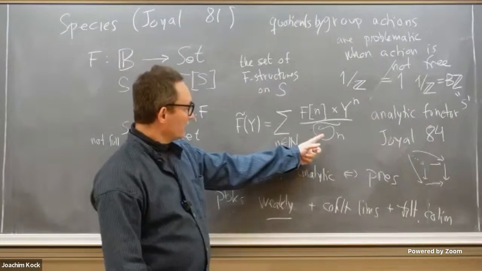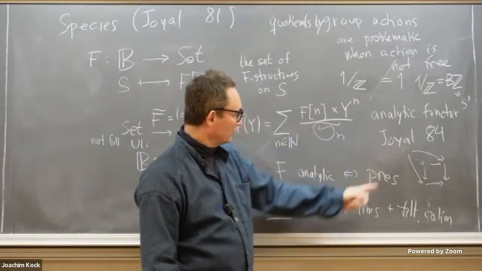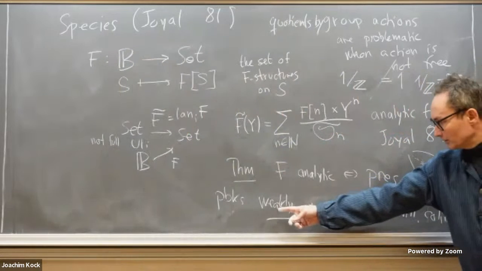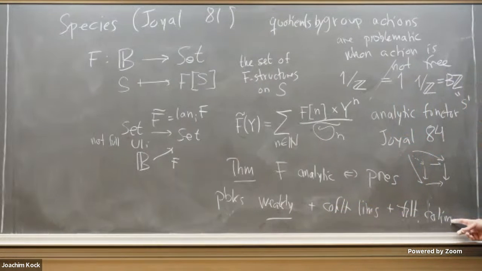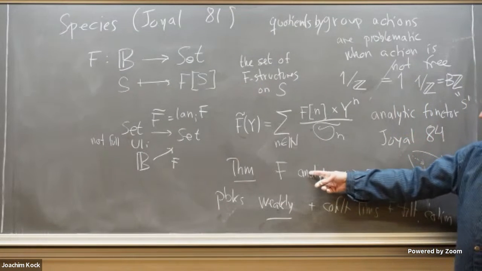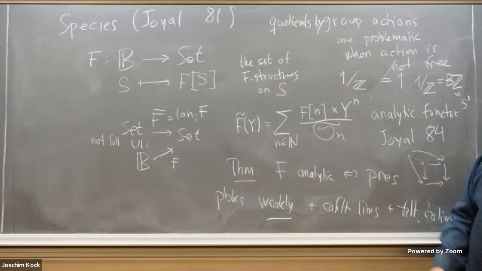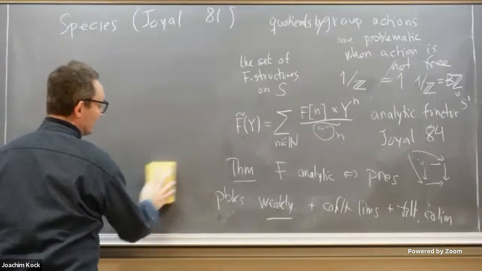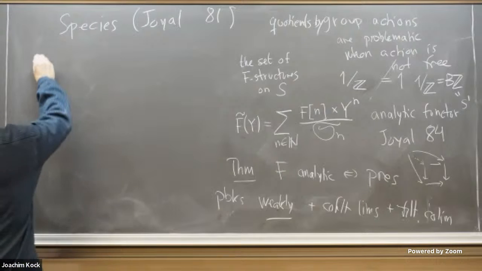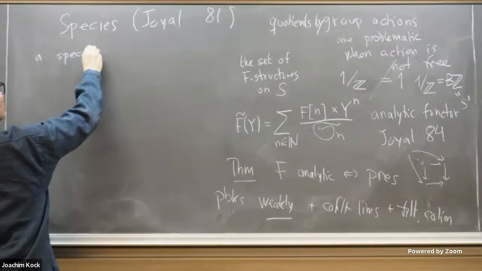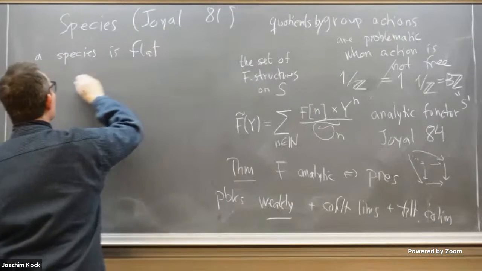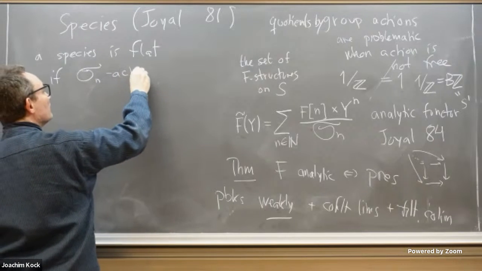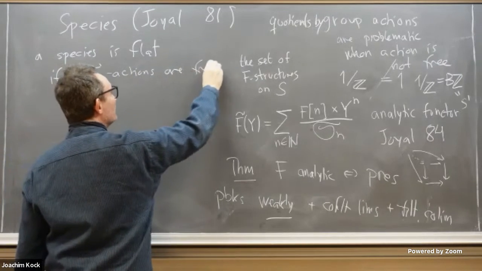So that's actually the origin of the discrepancy between analytic functors and polynomial functors. You see here that a polynomial functor will preserve pullbacks strictly and all that, so it is in particular analytic. So that's a subclass of the analytic functors. More precisely, there is actually a name for that in combinatorics. You say that a species is flat if the sigma n actions are free.